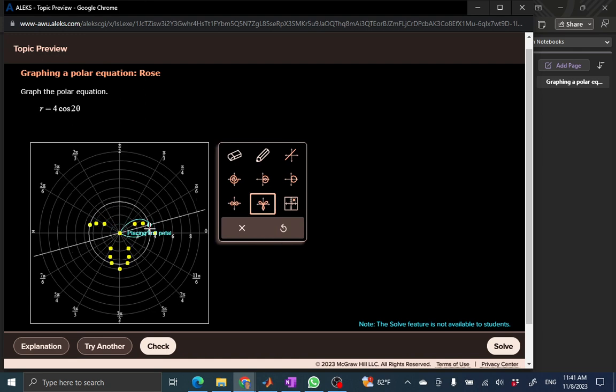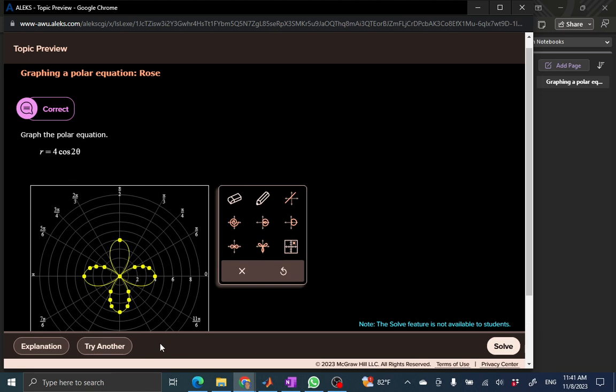So one petal of it obviously has to be here, then the other petal has to be here, and the third petal has to be here, and the fourth petal has to be here, and then we better be correct after all this work. You can always do a few of these points to make sure you're on the right track. Okay, thankfully that was done right.